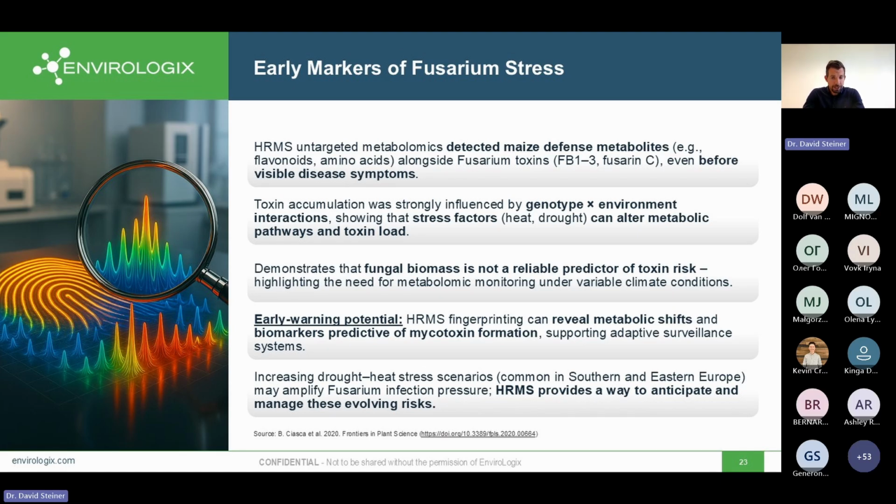So high-res studies have shown that these toxin levels clearly depend on the interaction between the plant variety and also the environment. In other words, fungal biomass alone is actually a poor predictor of risk. So by monitoring plant metabolism, we have some sort of an early warning system that crops are entering a high risk phase for fusarium infection and also the toxin buildup.